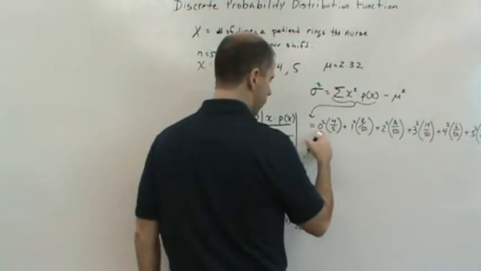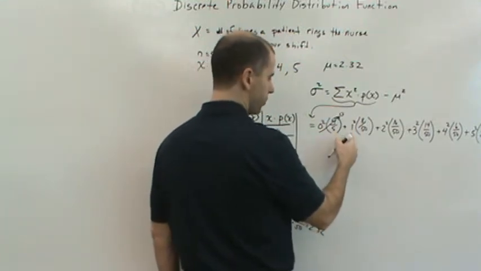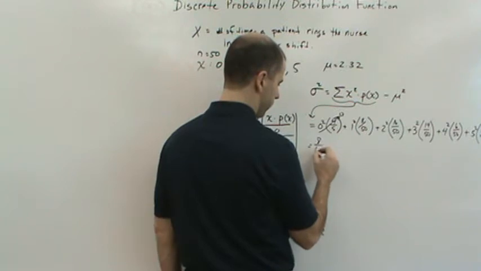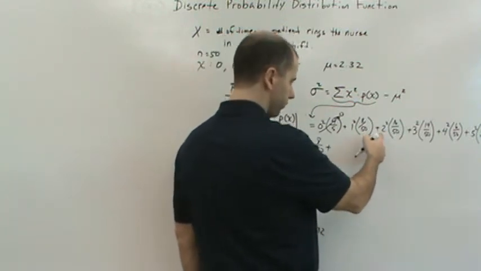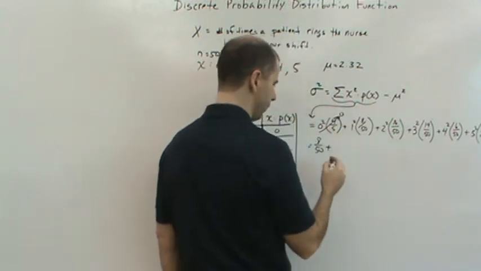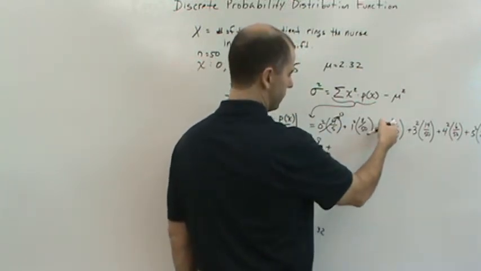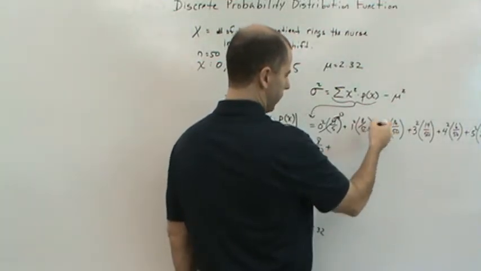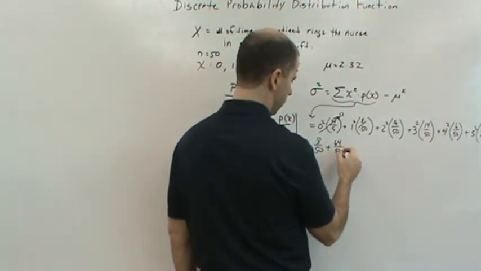So again, 0 squared is 0, so 0 times anything is 0. 1 squared is 1, so we still get 8 over 50, plus 2 squared is 4. 4 times 16, what's that? So 4 times 16 is 64. So 64 over 50.